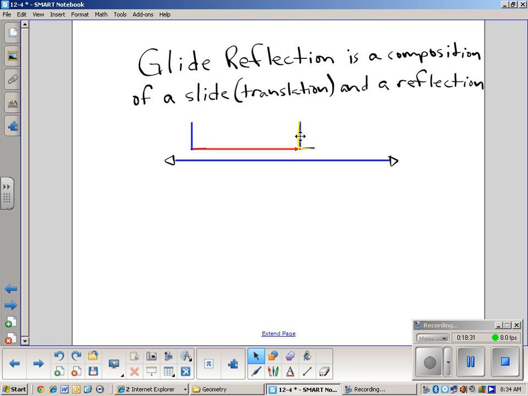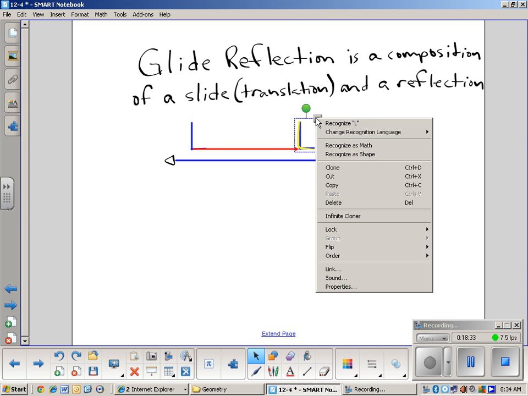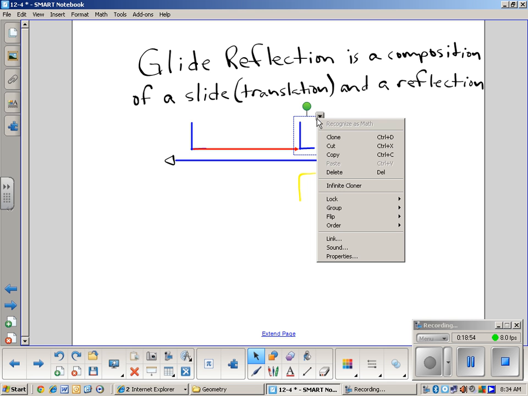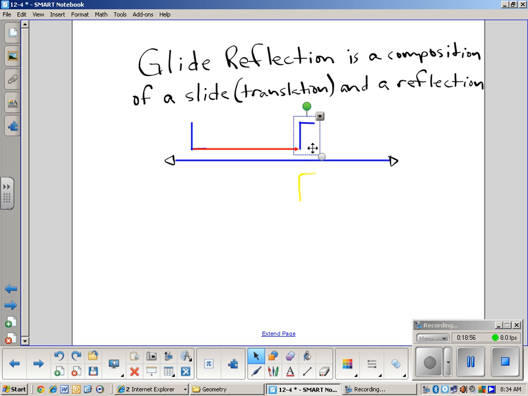Right? Then I'm going to take this and I'm going to reflect it. Oh, reflected the wrong one. Oh, well. Reflects it over this line, so I end up with that. So my result is this.